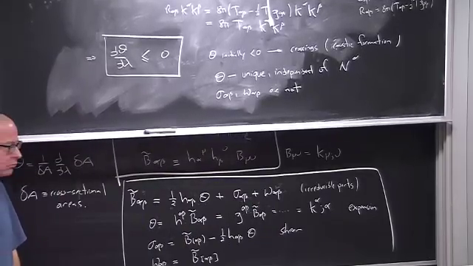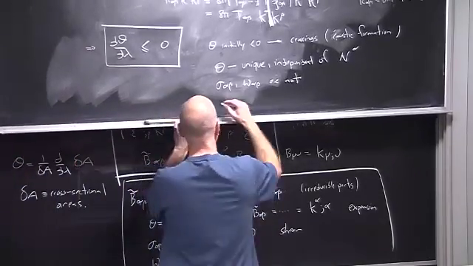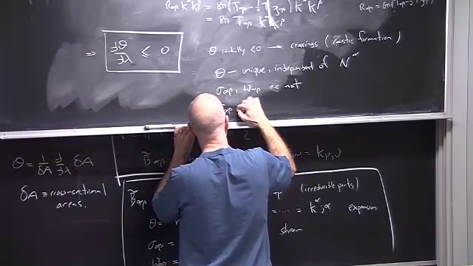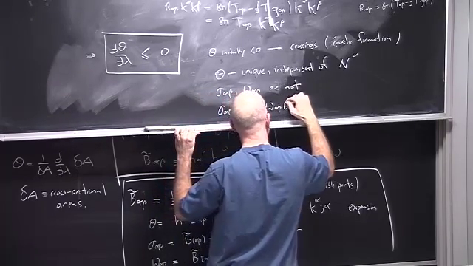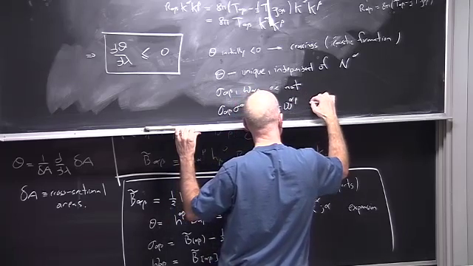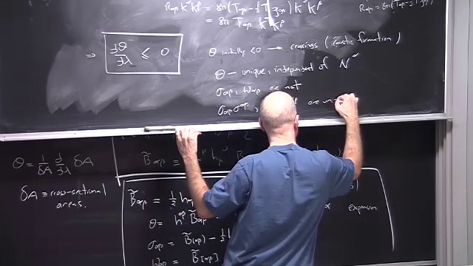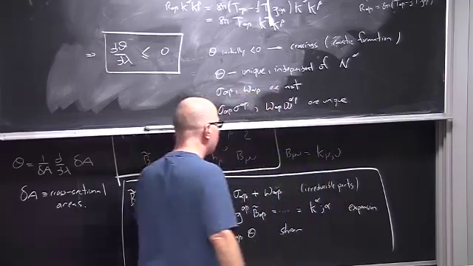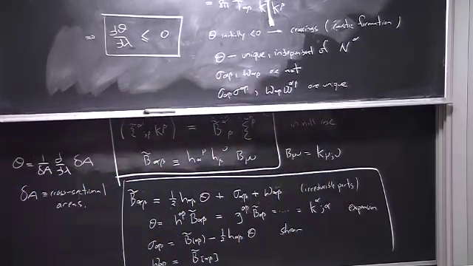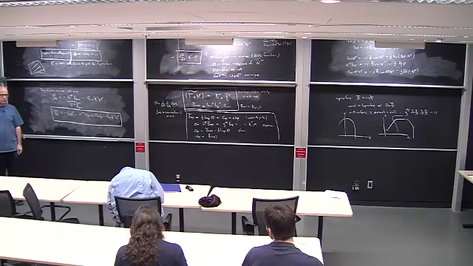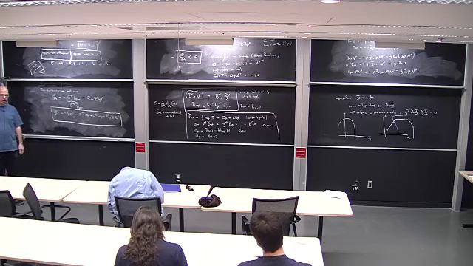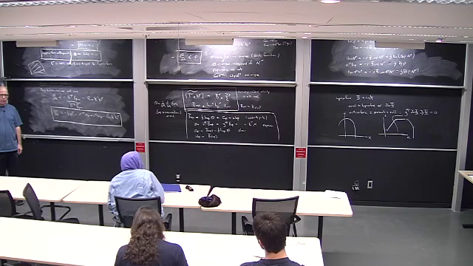So Raychaudhuri's equation is independent of n. And the statement of the focusing theorem is independent of n. This being unique and sigma being a spatial tensor means that if, for example, you find that sigma is 0 for one choice of n, it's got to be 0 for all choices.